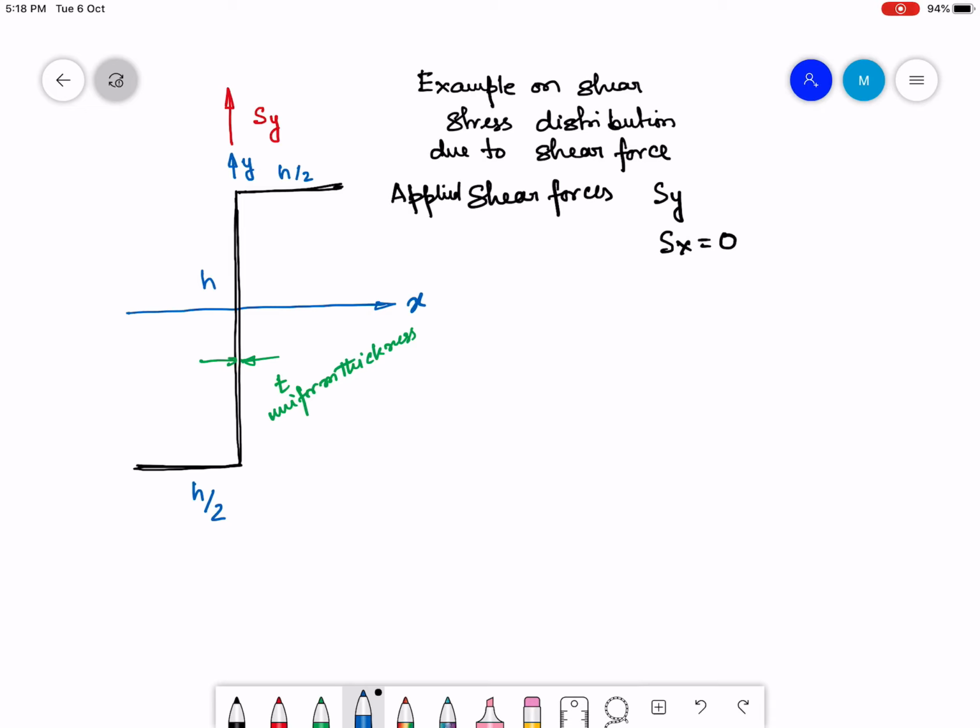We have seen that the equation for the shear flow that we derived in the last class is something like this: Qs minus Q0.